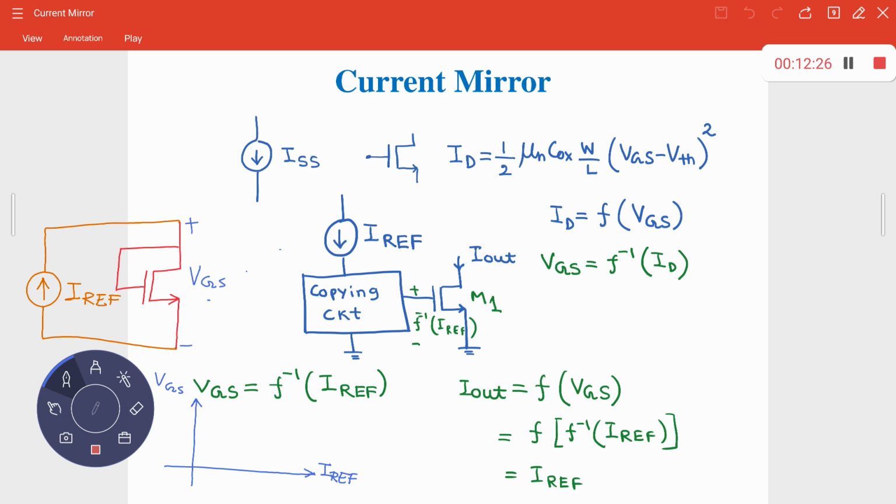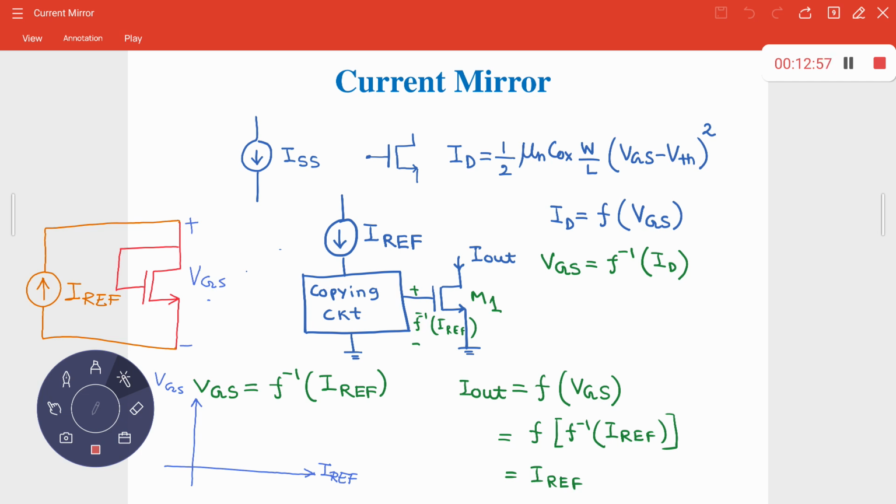I would like to observe this VI characteristics. I am varying this IREF, and I would like to observe this I versus V characteristics.